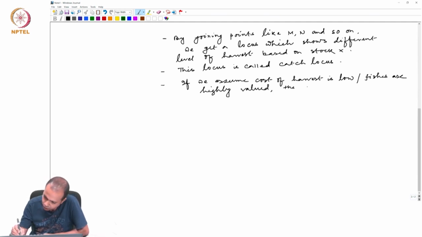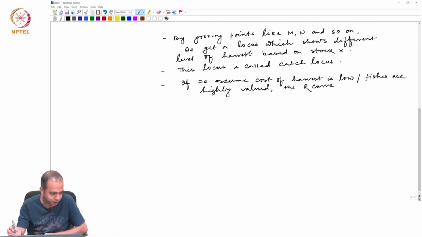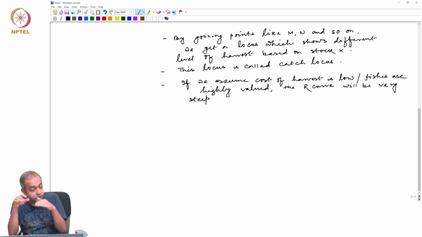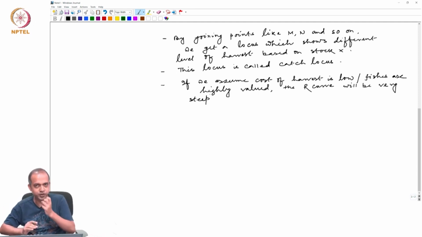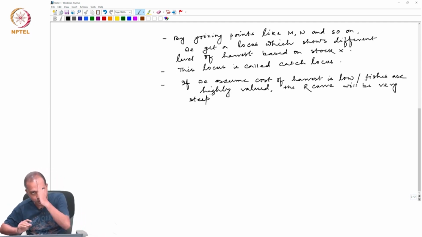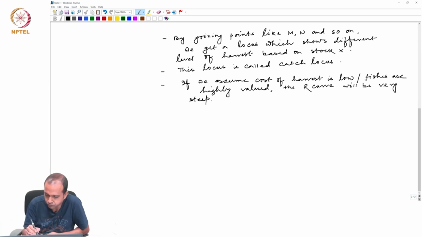The revenue curve, or the R curve, will be very steep, because fishes are highly valued. That means the price of the fish is so good and the cost of harvest is very low. So, the revenue generated out of this fishing would be very high, and the revenue curve would be very steep.